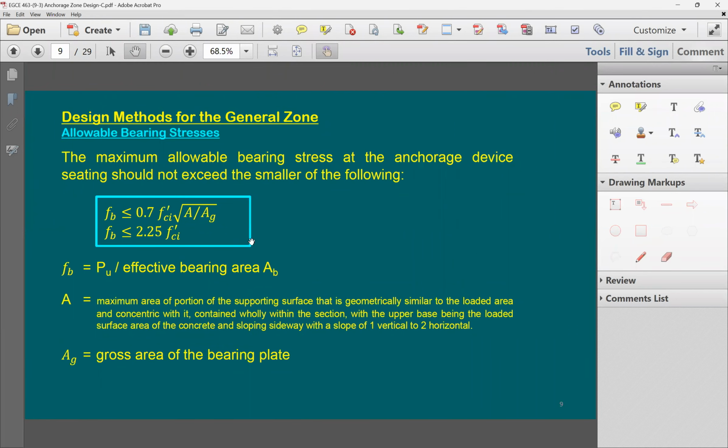When both of these two areas are the same, right, this is going to be equal to 1. If the area of the plate is smaller than this A, it means this factor here is going to be large. And this factor here has a maximum limit that you can use. And this limit would give you this equation here.